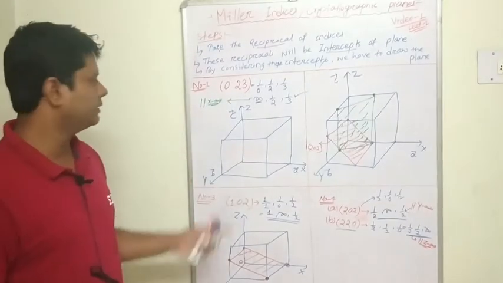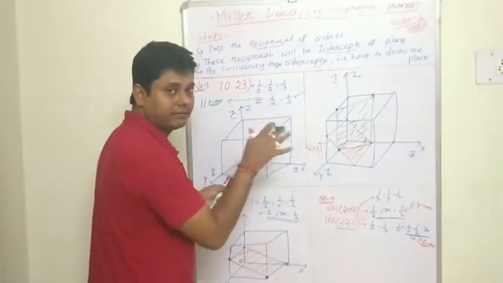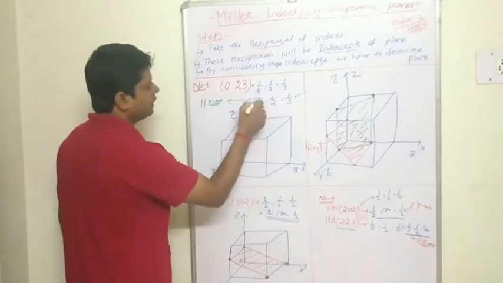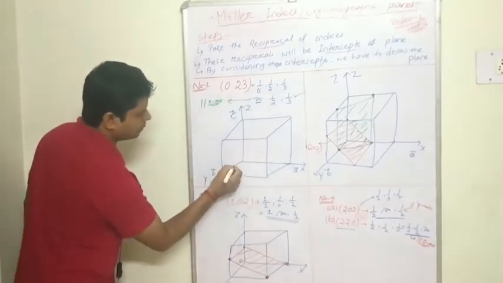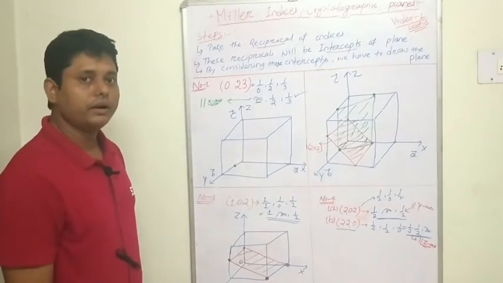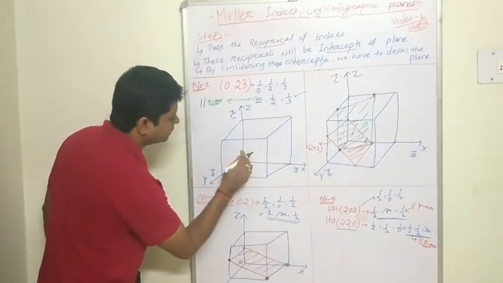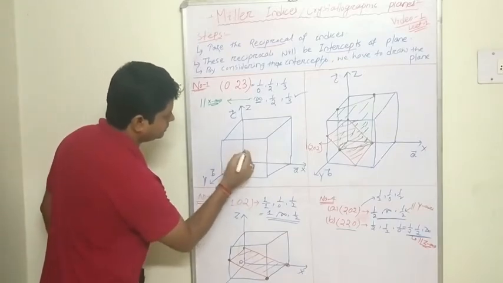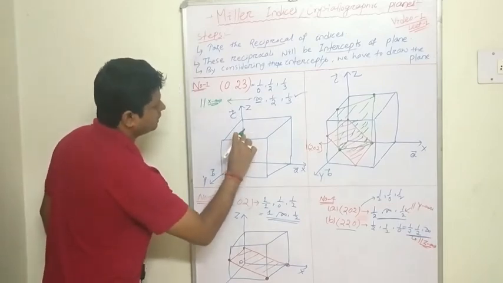First we have to locate all the intercepts on each and every axis. So the x-intercept is infinite, leave it. The y-intercept is 1 by 2 here. Okay, and your z-intercept is 1 by 3. That means approximately here. Okay, the point will be here, 1 by 3.